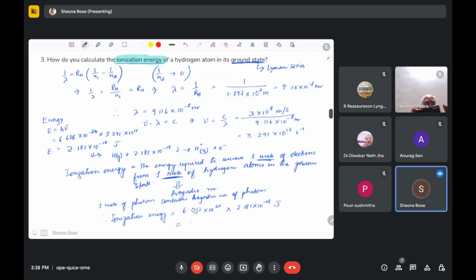So this is supposed to give you 1313 kilojoule per mole.